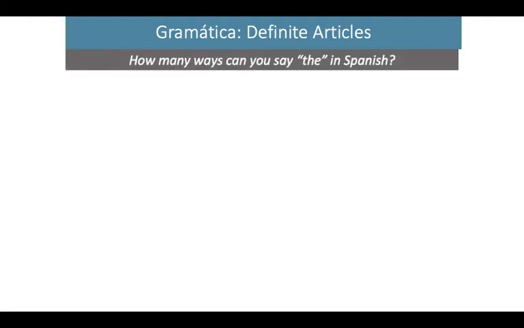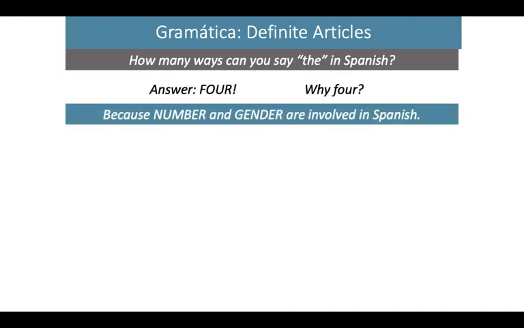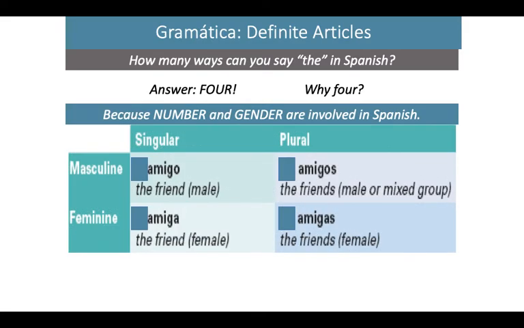Time to do that now. So how many ways can you say the in Spanish? Well, the answer is 4. Why 4? Because number and gender are involved in Spanish. So what are those 4 definite articles, 4 ways to say the?